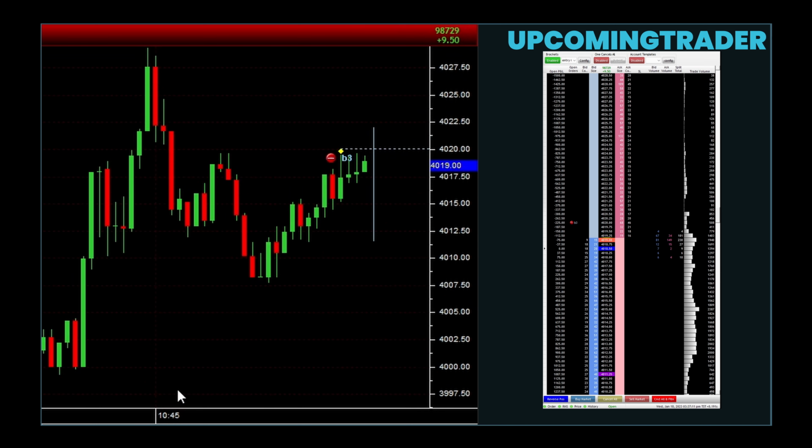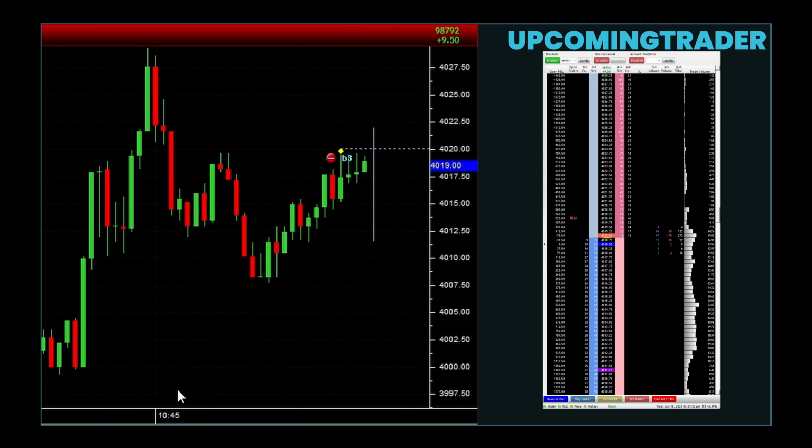A TPO chart helps show you where the market is balanced and where it is not. A balanced area means buyers and sellers are in agreement and price is not moving much. An imbalanced area means the market is not agreeing on value and the price moves quickly.